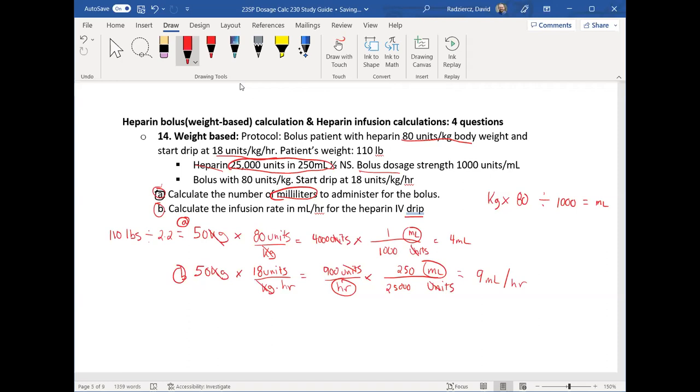Now, just for simplicity's sake, this is the same thing as 1 over 100. So if this is for calculating the bolus up here, the short form for the drip is going to be patient's weight times 18 divided by 100, and that'll give you milliliters per hour.